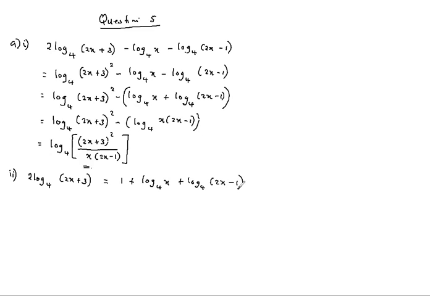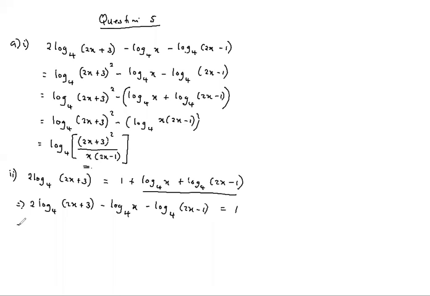So what do you realize here? You can bring these to the other side, and what you're going to have is 2 log 4 (2x plus 3) minus log 4 x minus log 4 (2x minus 1) is equal to 1. You leave the 1 alone.